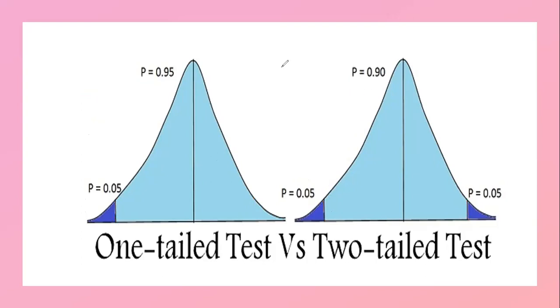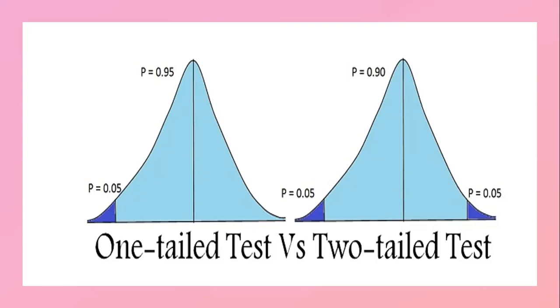And of course, why it is very important is that while doing a statistical test for a hypothesis, first, the table value will differ. The table value will differ for a one-tailed test and a two-tailed test. The procedure for calculating the calculated value will be the same, but the table value will differ.